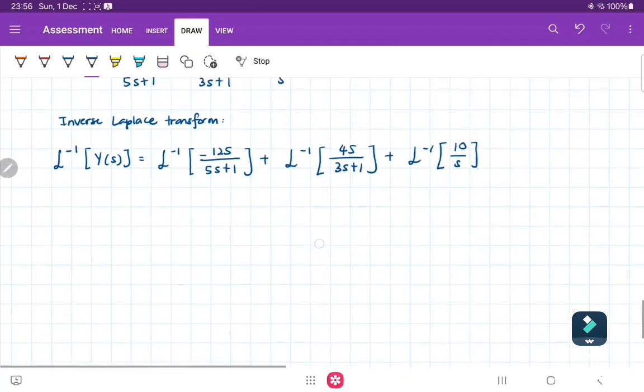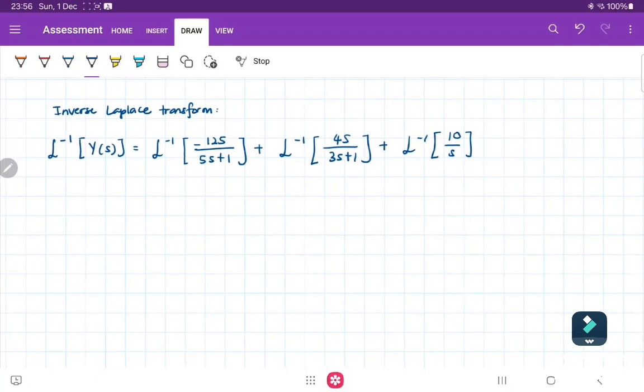Okay, so this part is easy, it's always y of t. Okay, but the other one is also easy actually, but you can refer to the table to be sure.